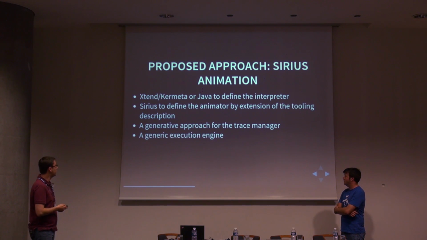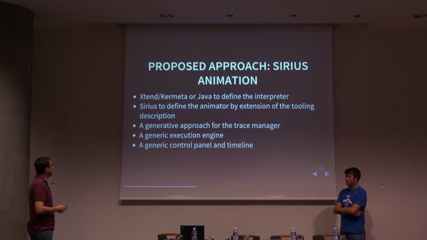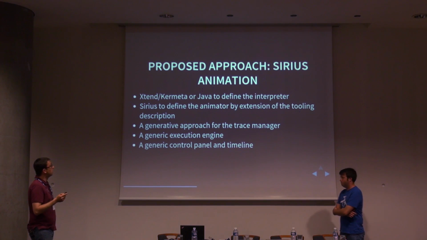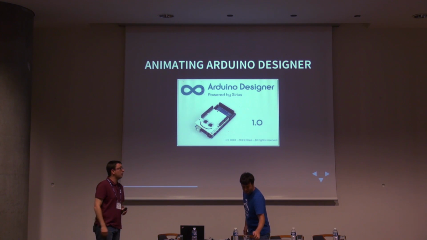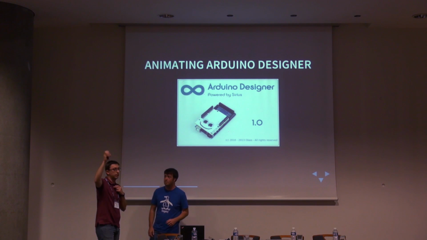We can use a generic execution engine in order to link together the three first mentioned tools, and the generic control panel and timeline in order to control the execution and to navigate through the execution. So that was the introduction of the broader idea, and now we'll have a demo by Cedric about Arduino Designer.